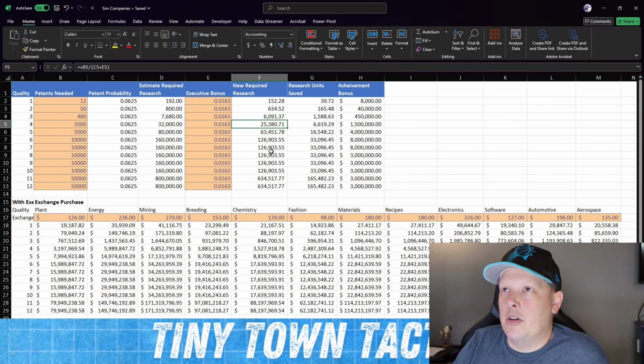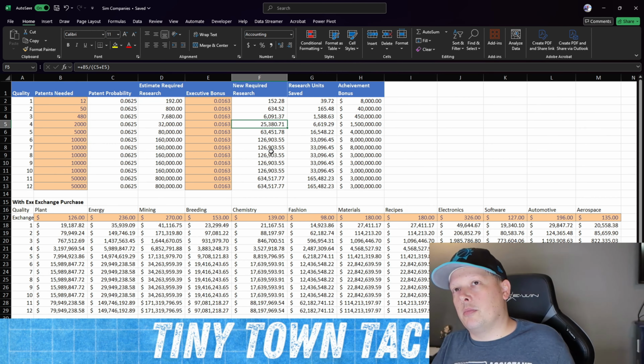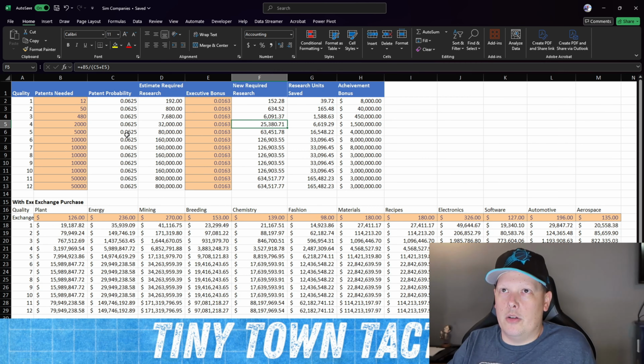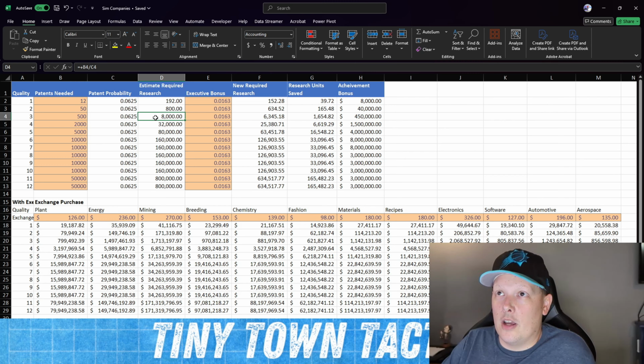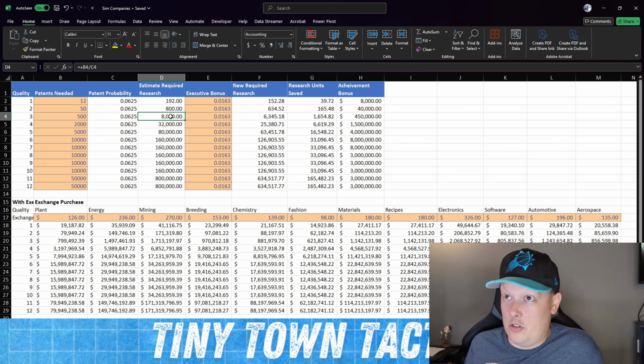It's an estimated research. Okay, sorry, I'm explaining that poorly. I apologize. However many patents you need, these are the basic amounts per level. They changed the patent probability, so I did this. Basically, without any executive influence, to hit Q3, you need to buy 8,000 pieces of research.